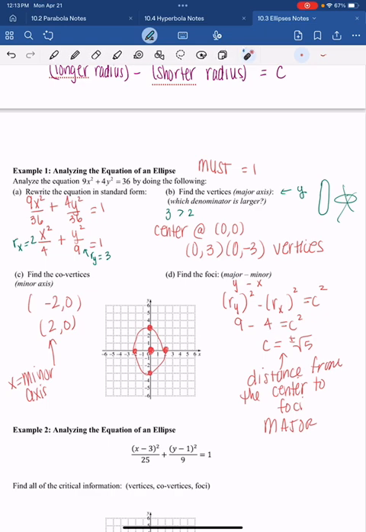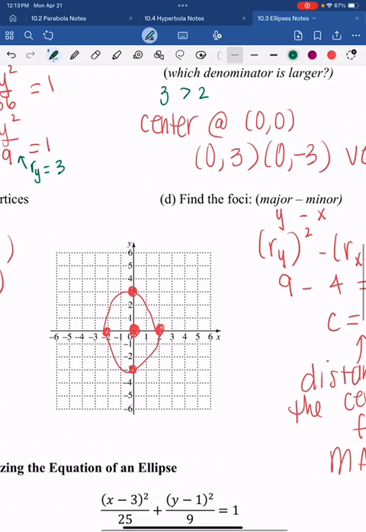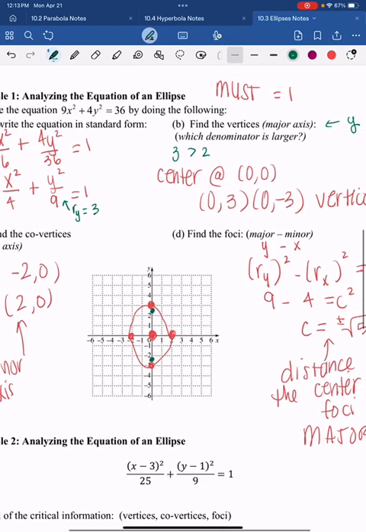Okay, well, without a calculator, the square root of 5 is a little bit more than 2. So how am I going to plot these? I'm just going to approximate. So I'm going to go up a little bit more than 2, and I'm going to go down a little bit more than 2. And they need to be on the graph. So how do I write these as ordered pairs?